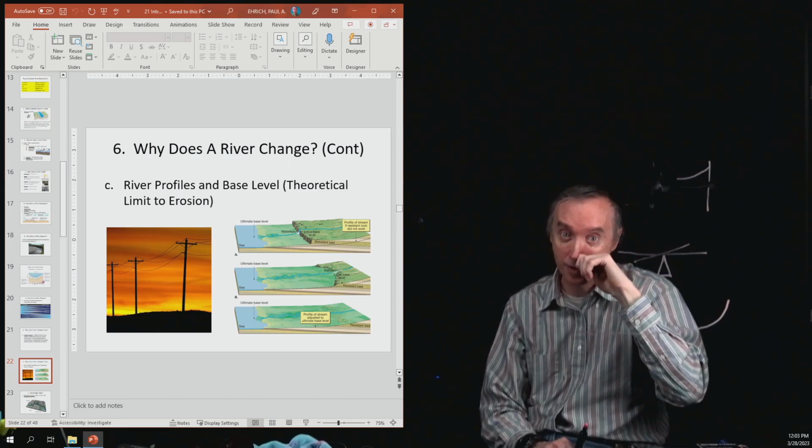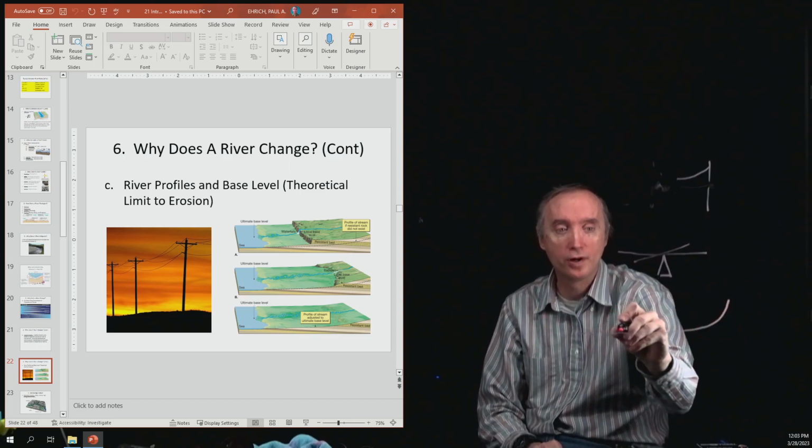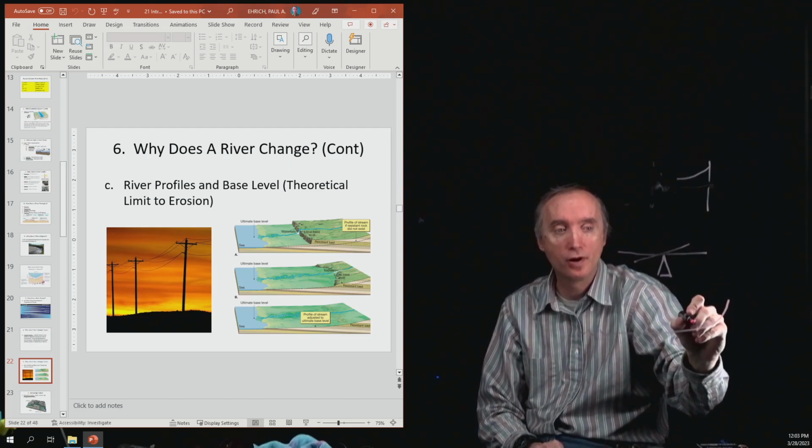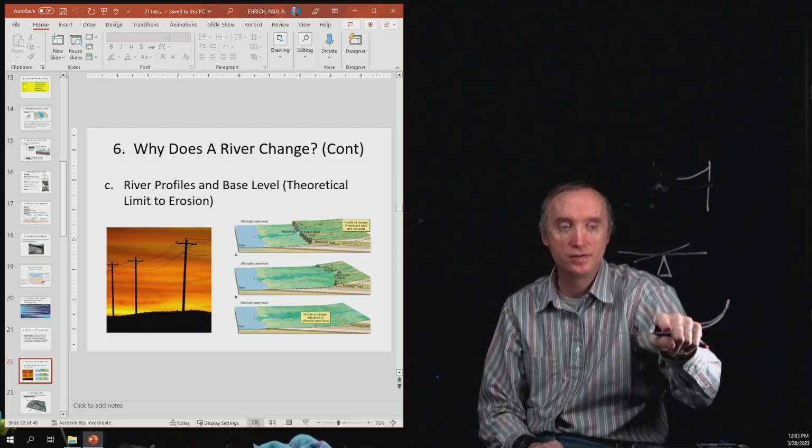In the top picture, you have what the river wants to do, but the problem is that there is some kind of obstacle in its way. This could be some resistant rocks.